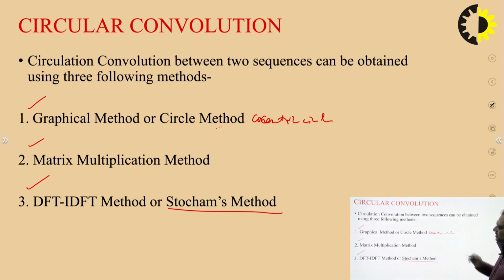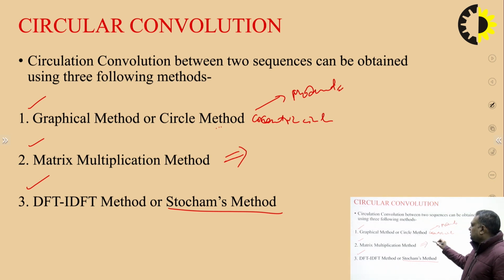Now we will see which method is appropriate in what sense. If you look at the graphical method, in terms of complexity it is of moderate type. The matrix multiplication method is the most complex method because we have to deal with matrices.